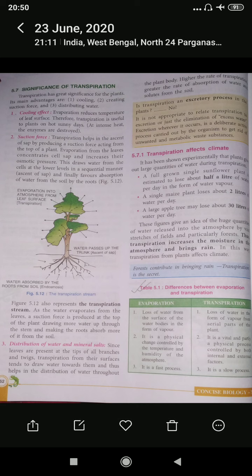Means if the rate of absorption is less and the rate of transpiration is more, then the plant will wilt. And plants have to waste a huge amount of energy to develop methods to reduce transpiration. So generally these two are the disadvantages of transpiration.